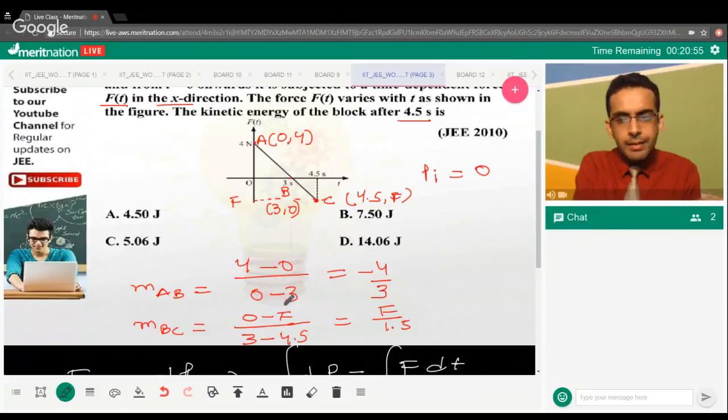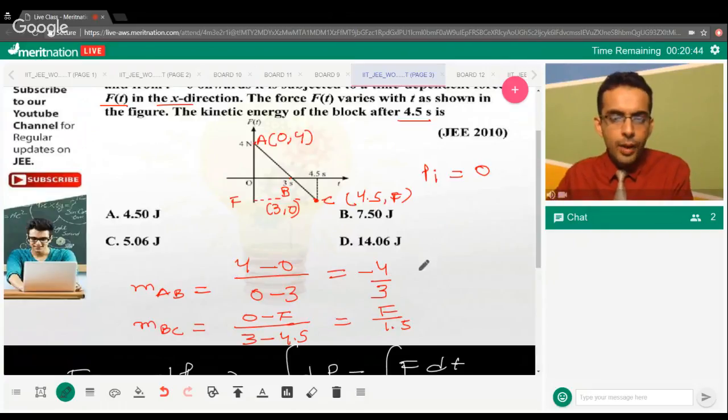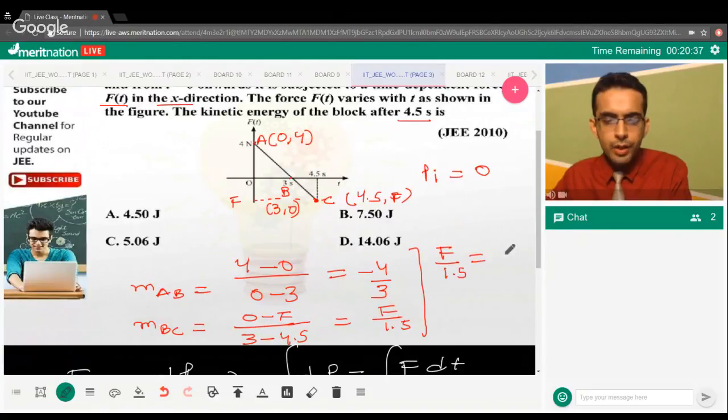As A, B, C lie on the same line, the slope of AB and the slope of BC must be equal, so F by 1.5 is equal to minus 4 by 3. So you can find the value of F, which is minus 4 by 3 into 1.5, or simply minus 2 Newton.